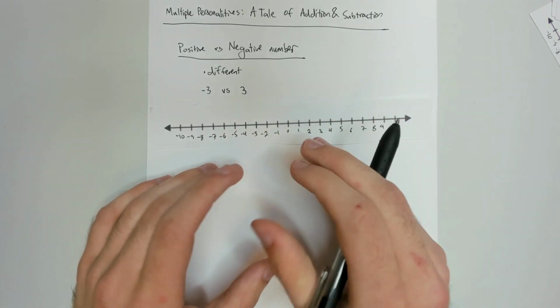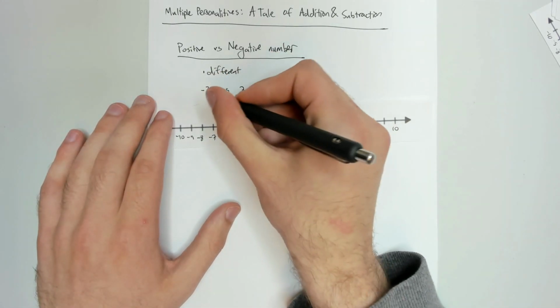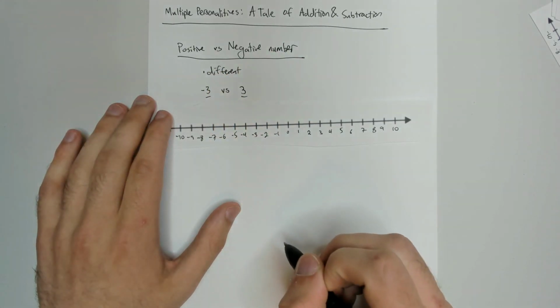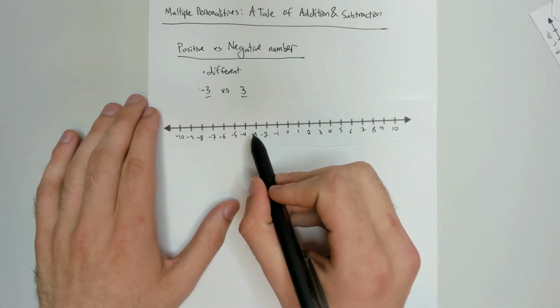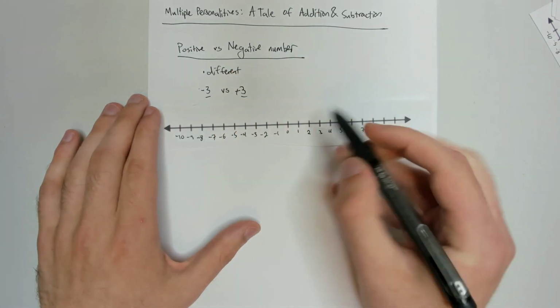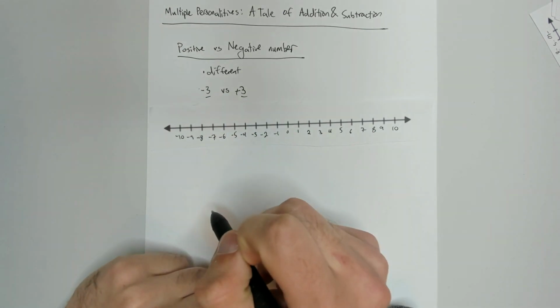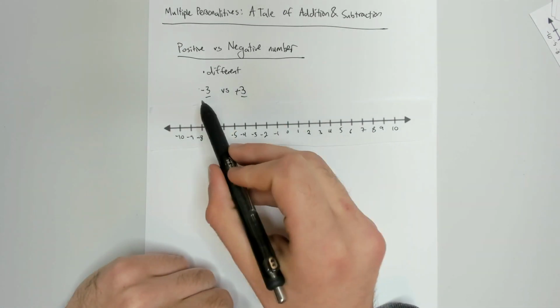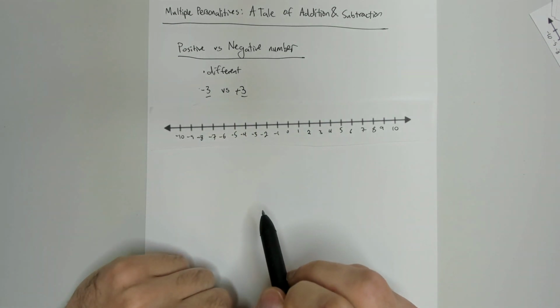And so basically the size or the magnitude of their distance from 0 is both 3, which is why we're using 3 in these cases. It's just that the negative here means that we're 3 to the left of 0, whereas this 3, which is technically +3, right, means we're 3 to the right of 0. So that is how -3 and +3 are different. It's the exact same distance from 0, it's just going in two different directions.